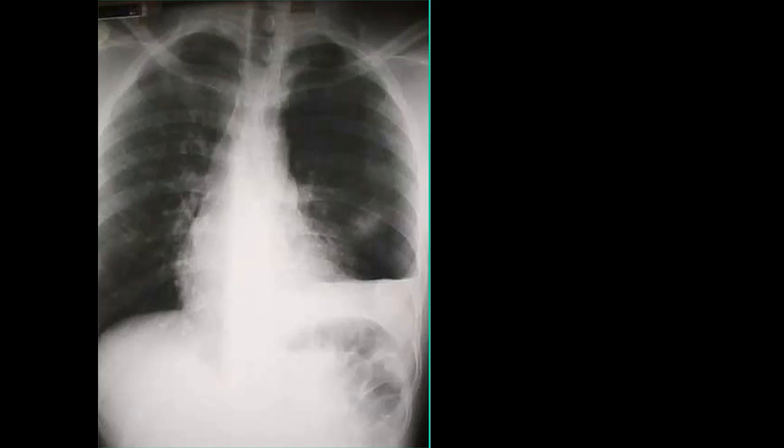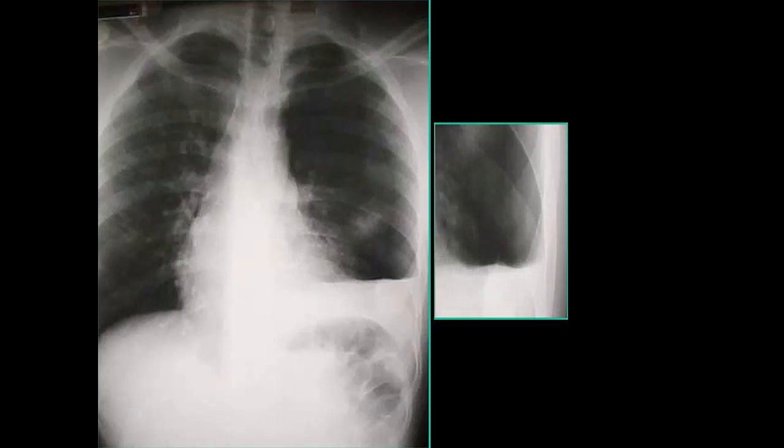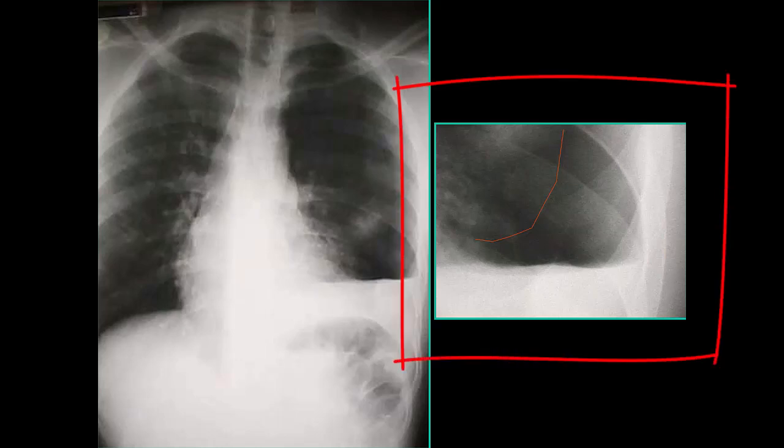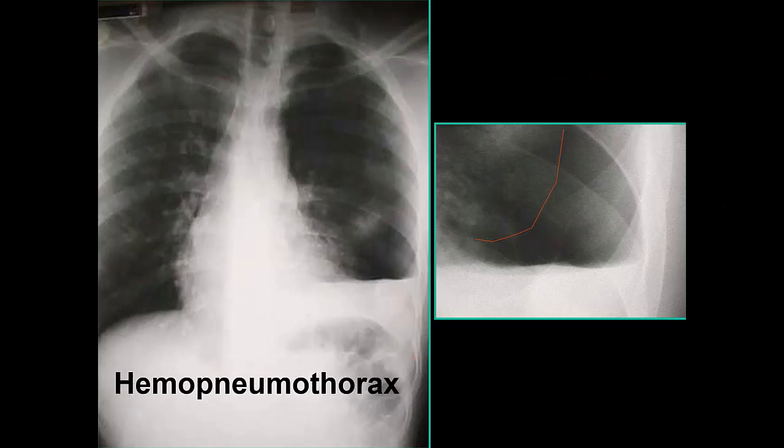Remember, fluid falls and air rises when we have the patient in a decubitus or an upright position. This again shows us a hemopneumothorax. We can see the pneumothorax, and we can also see the blood in this as well.